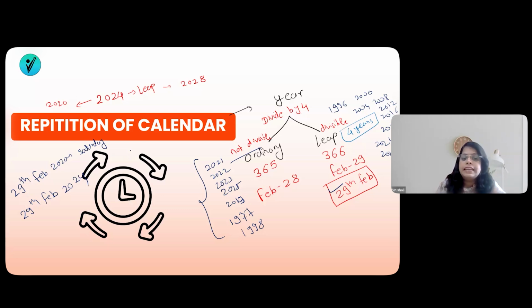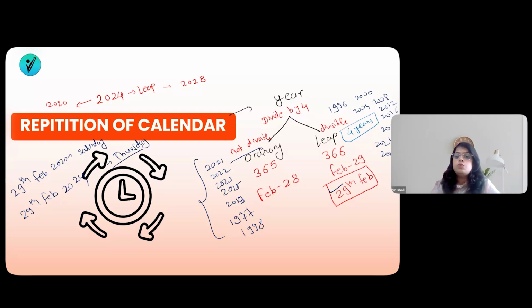So what will be the day? We know the 28th was a Friday, so next there will be Sunday, then Monday, then Tuesday, then Wednesday and Thursday. That means on that day there will be Thursday.